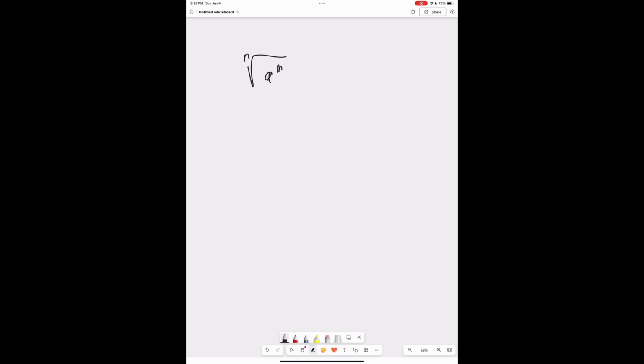So this is the same as a to the m divided by n. Why is that? Because there's a property. If you have some sort of root, like the square root of x, this is the same as x to the 1/2.